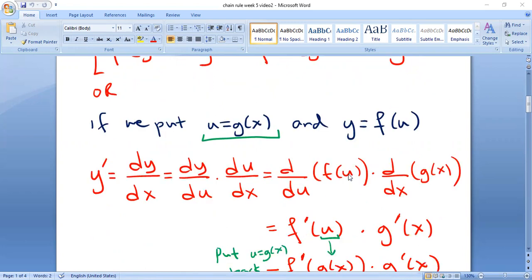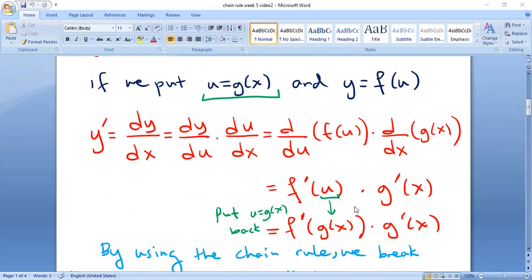The derivative of f of u with respect to u is going to be f prime of u, and the derivative of g with respect to x will be g prime of x. But remember, u is g of x, so we have f prime of g of x times g prime.